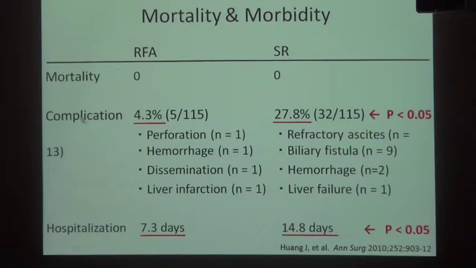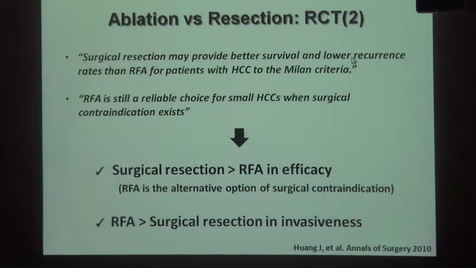However, major complications and long hospital stay happened significantly more often after surgical resection. In summary, surgical resection could provide better efficacy, but RFA was safe and less invasive than surgical resection.